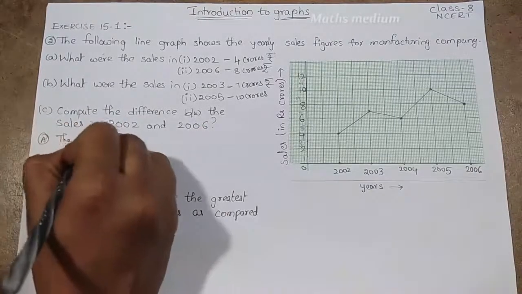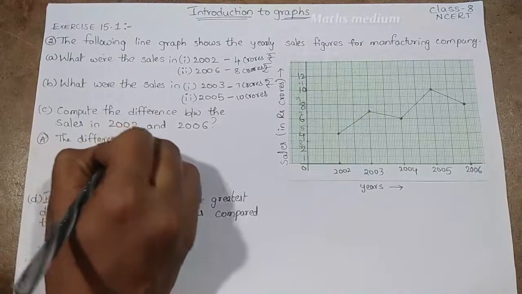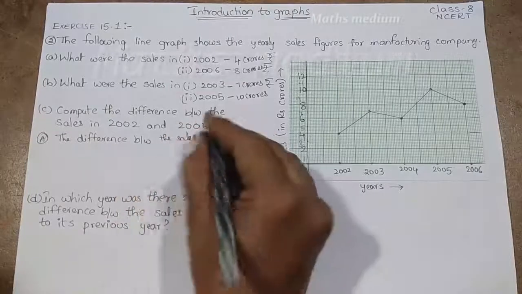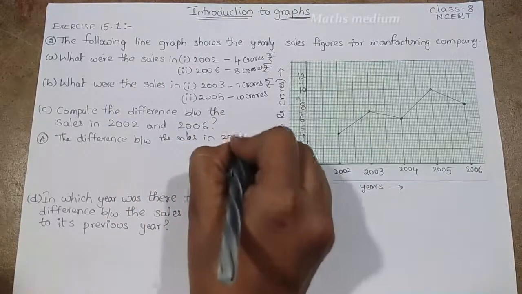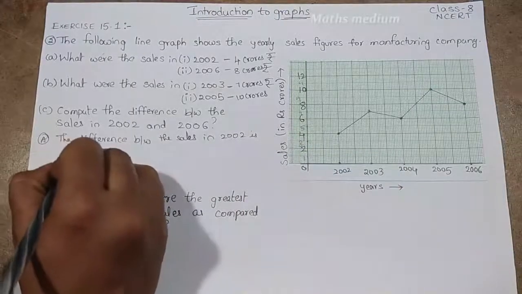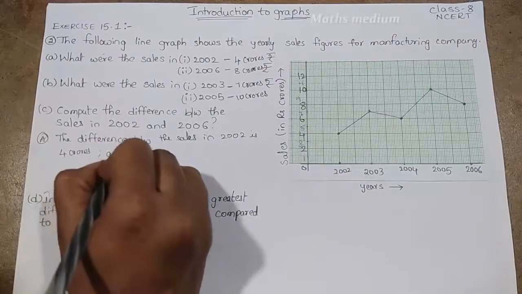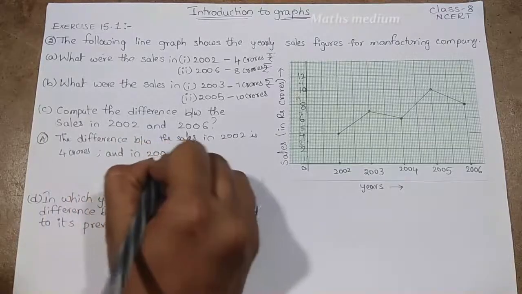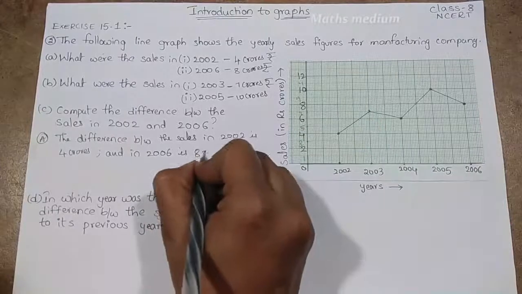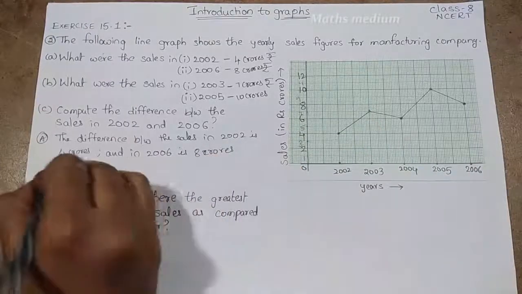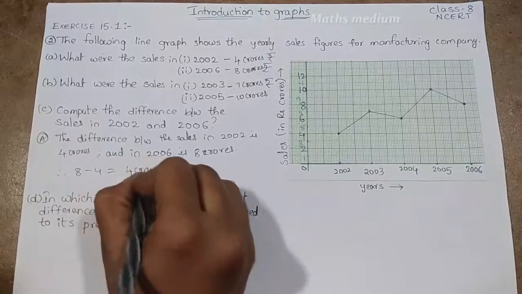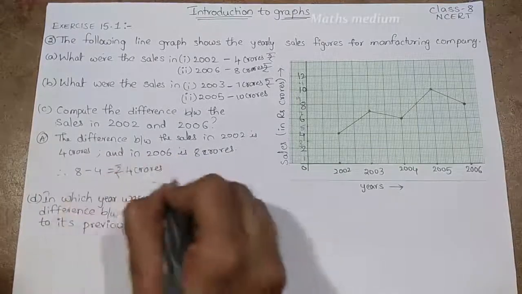The difference between the sales in 2002 is 4 crores and in 2006 is 8 crores. Therefore, 8 minus 4, 4 crores. So this is the answer.